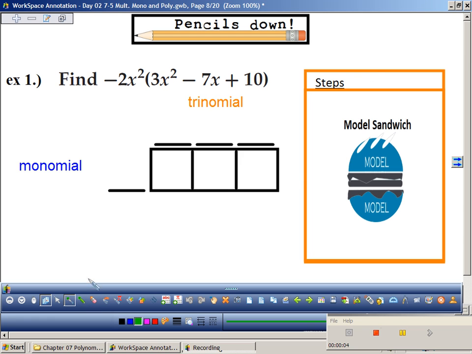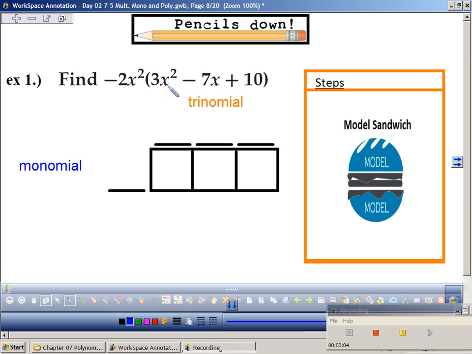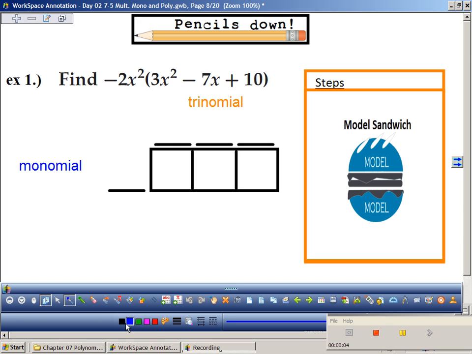So pencils down, let me do one for you. I need to find negative 2x squared, and I'm going to multiply that by this trinomial. I'm going to change my colors. So my monomial is negative 2x squared.